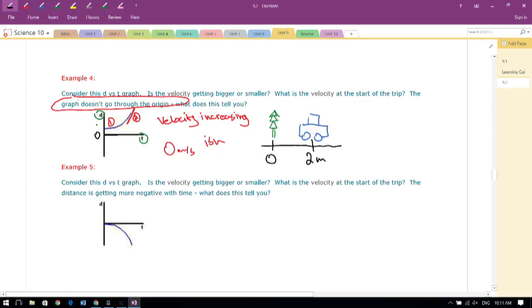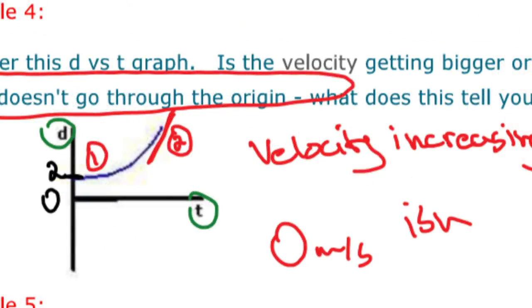If this is 0 here and I make this 2 up here, it just means that my object is a certain distance away from something. It's starting 2 meters to the right of some object. So when I have a line that doesn't go through the origin, it just means that I'm starting at some position relative to something.